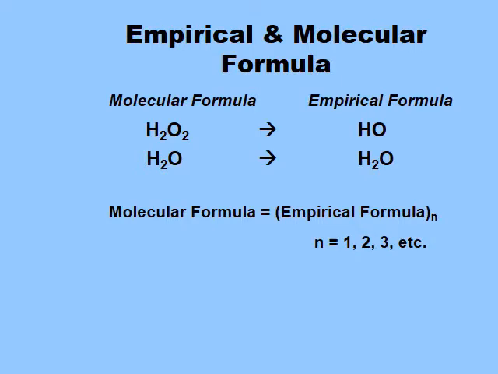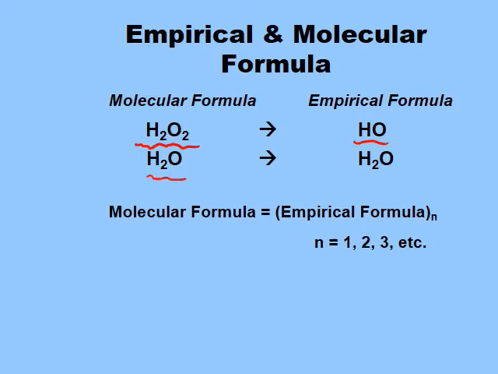In this slide, you're looking at the relationship between empirical and molecular formula. Empirical formula is basically the minimum ratio of atoms in a molecule. So H2O2 is the molecular formula for hydrogen peroxide. Empirical formula for that would be HO, because the smallest ratio would be 1 and 1 in case of H2O2.